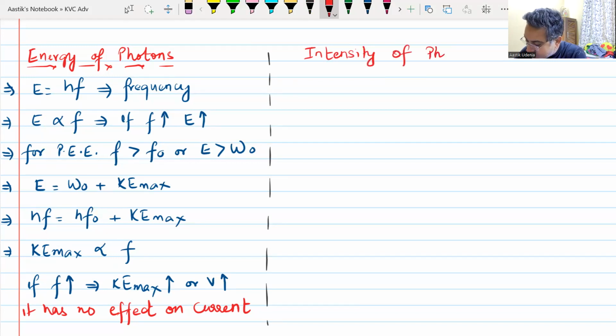And here is where the confusion might start. As I told you before, intensity of radiations is energy falling per unit area per unit time. But when the energy is falling per unit area per unit time, it not only depends on the frequency, it basically depends on the number of photons which are falling. Yes or no?